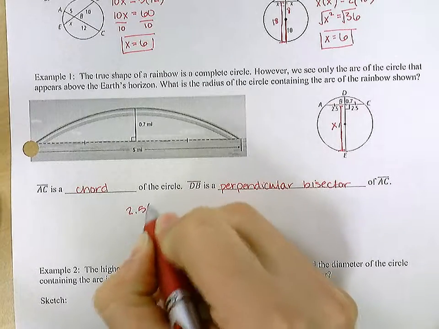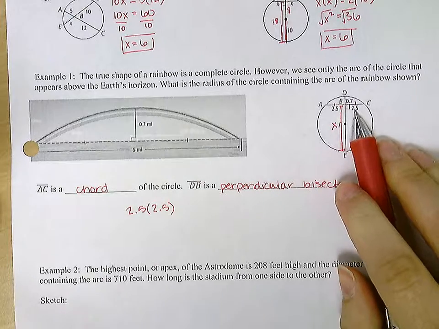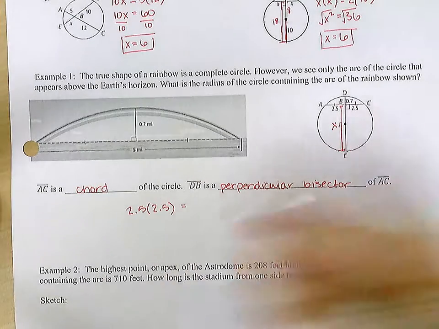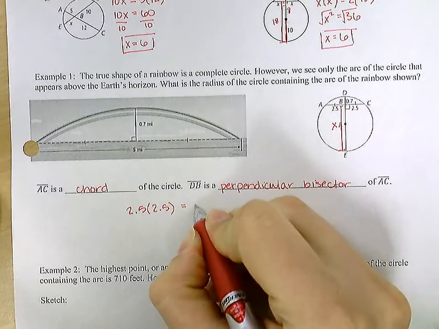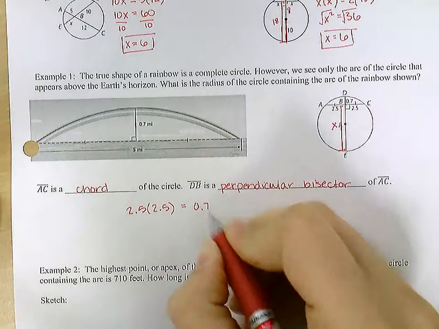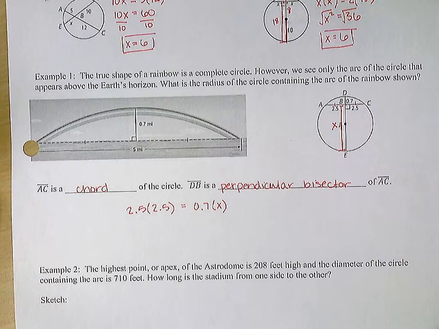So 2.5 times 2.5, from the same chord, is equal to the other pieces from our other chord multiplied together. So 0.7 times x.